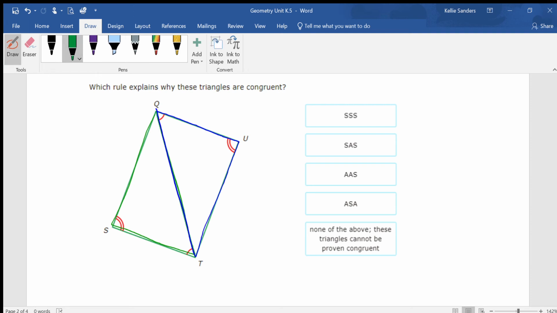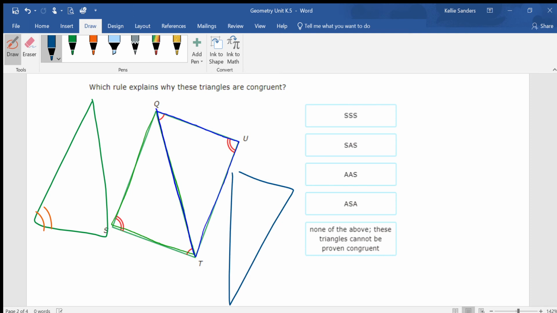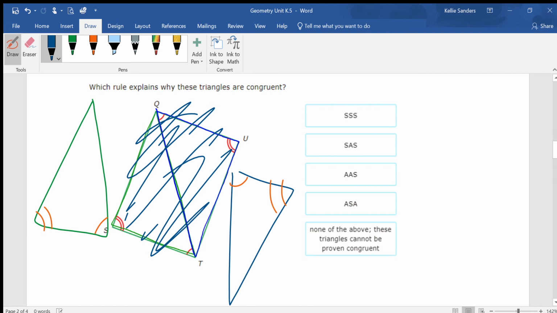If you separate these two triangles, the green one right here, and then the blue one, and then we don't look at this anymore, okay?